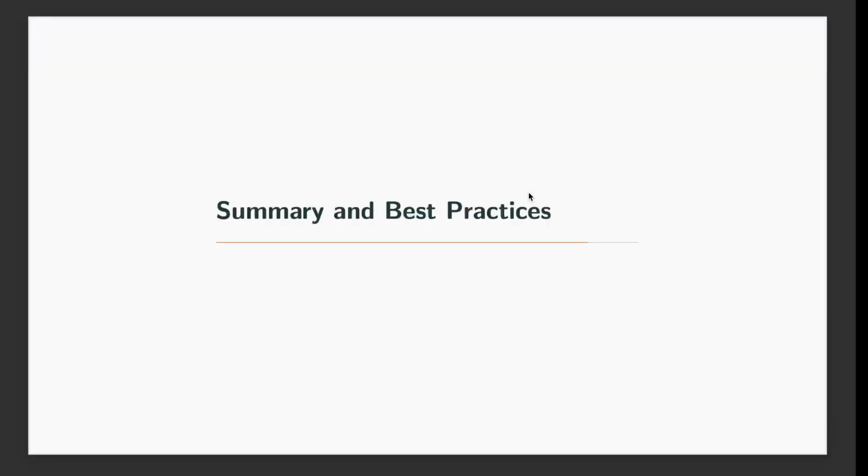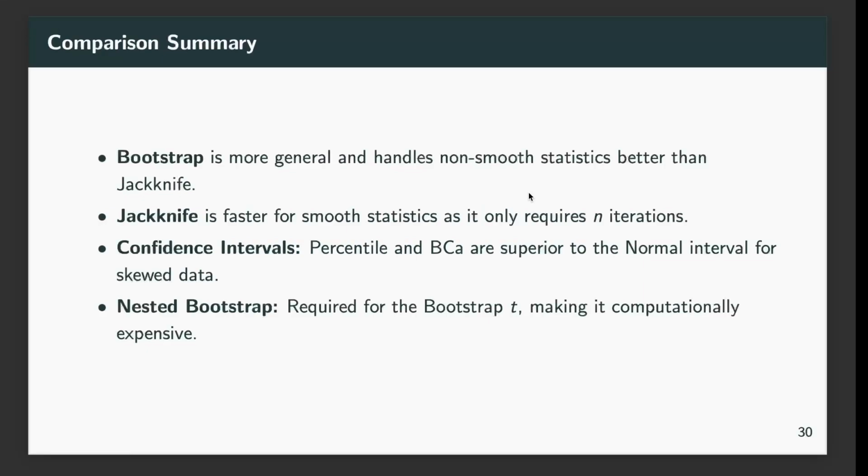Okay, now let's talk about the summary and what is the best practice. Again, Bootstrap is more general and handles non-smooth statistics better than Jackknife. We already saw this when we discussed the failure of the Jackknife, especially for the median. The second point says that the Jackknife is faster for smooth statistics because it only requires one iteration per observation.